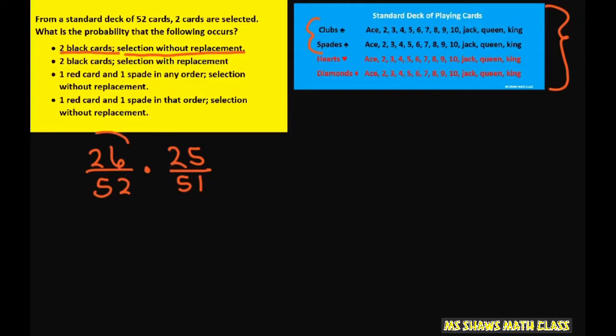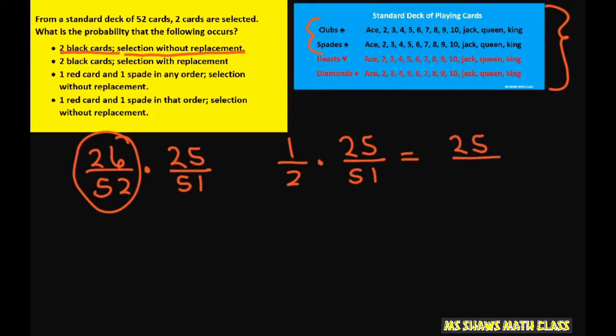Okay, now I'm going to go ahead and write this as 1/2 times 25 over 51. So this is going to be 25 divided by 102. So that would be your final answer for that one.